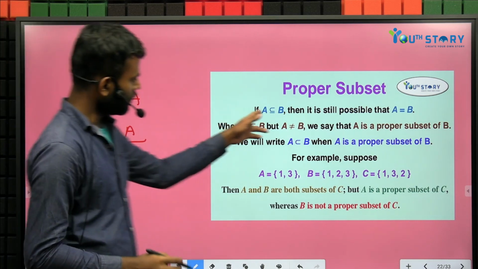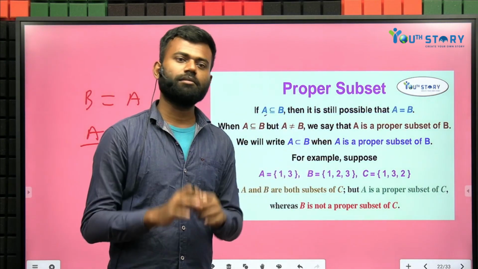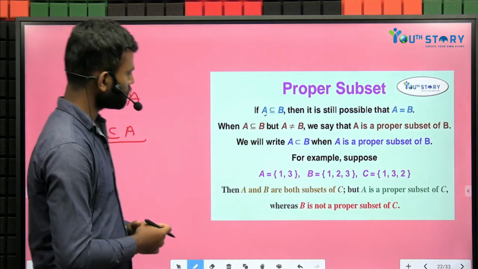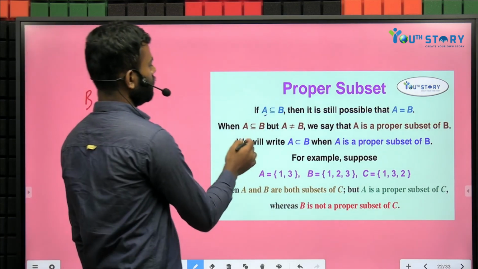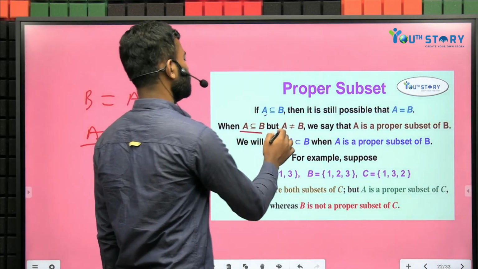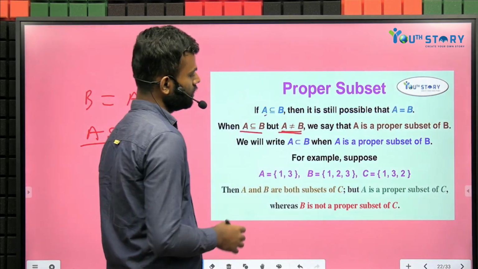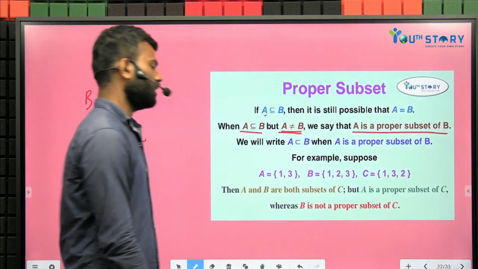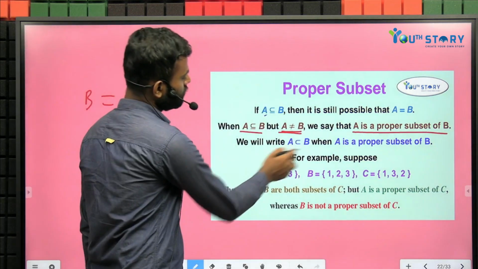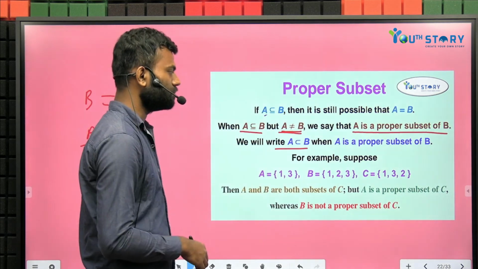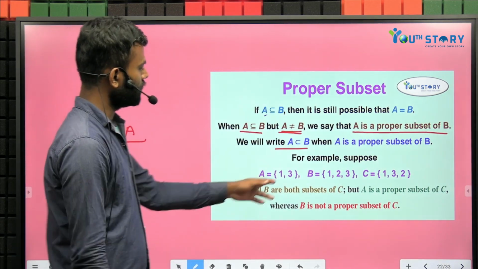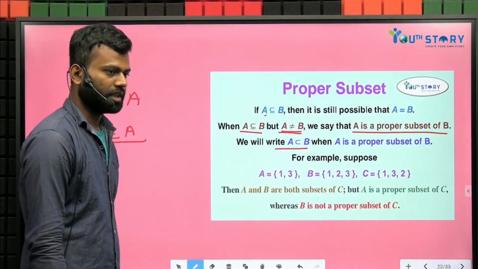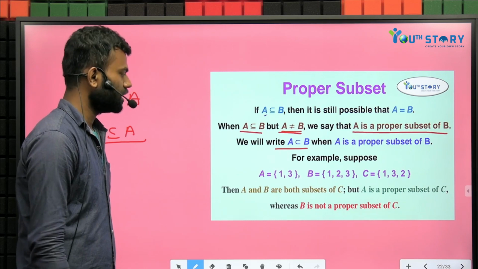So if A is a subset of B, there are two possibilities: either A equals B or A does not equal B. When A is a subset of B but not equal to B, in this case we say that A is a proper subset of B, and we write it with this notation. For example, A = {1, 3}, B = {1, 2, 3} and C = {1, 3, 2}: A is a proper subset of B, and B and C are of course equal.